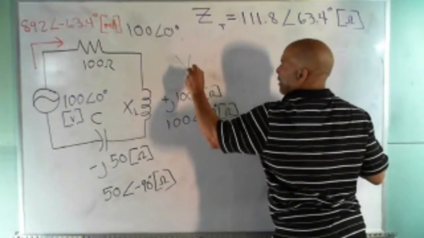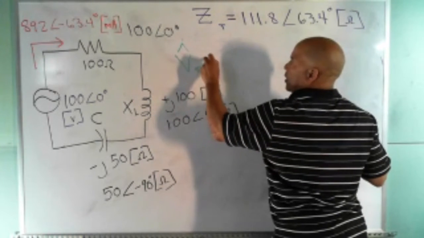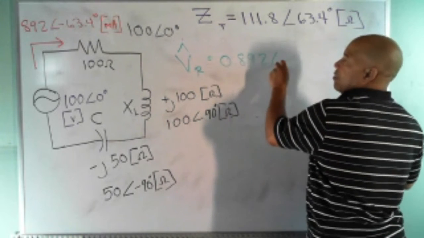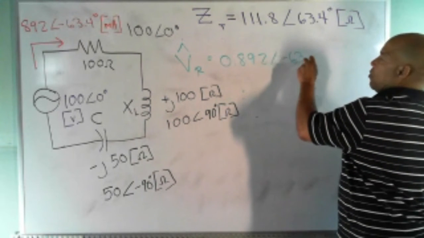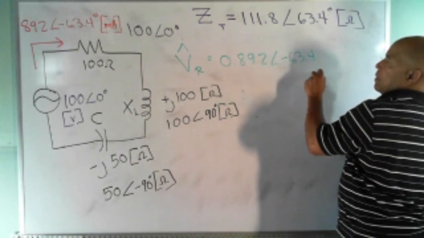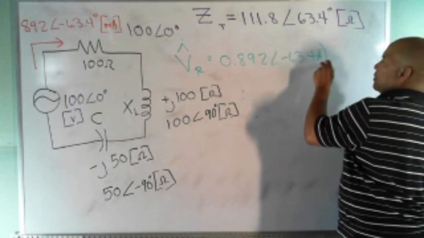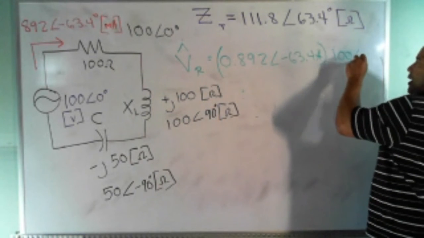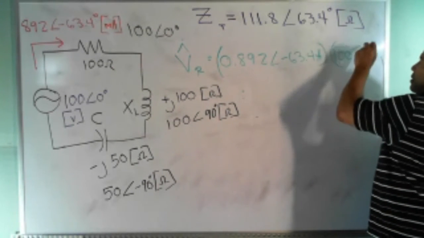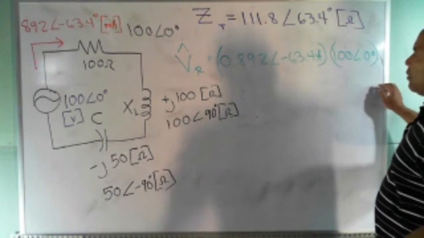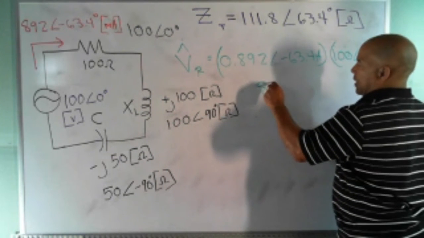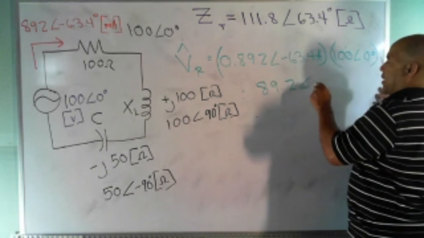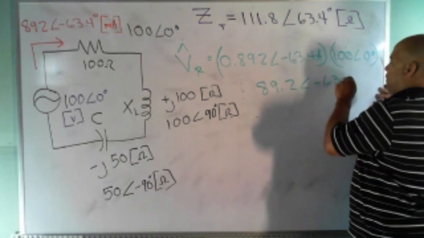So VR hat is a current, which is 0.892 angle minus 63.4, and that is now in amps, times 100 and an angle of 0 degrees. So it's I times R. And that'll give me 89.2 at an angle of minus 63.4. Now we're in volts.